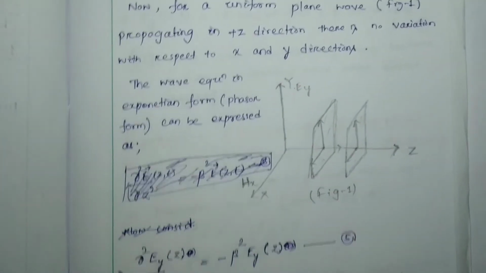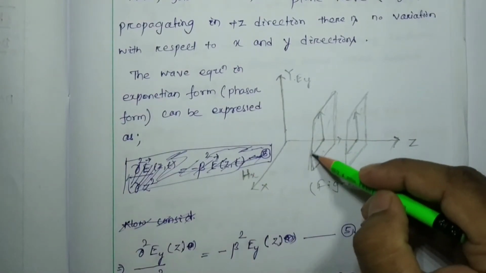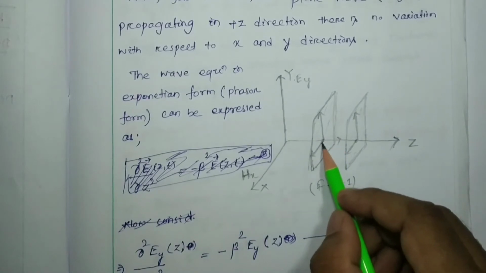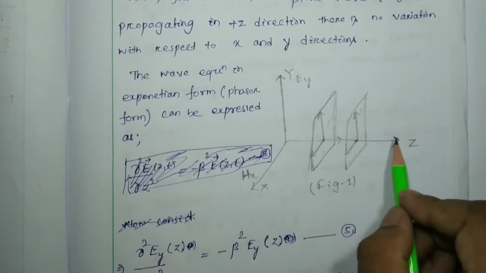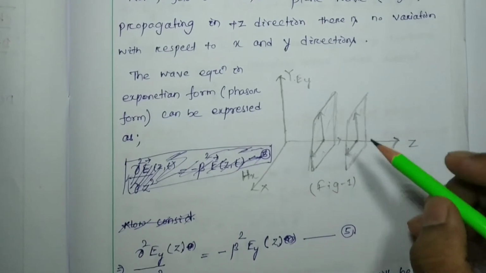So here you can see there is no variation. Your magnetic component is constant, and after a certain distance along the z axis also, it does not change.